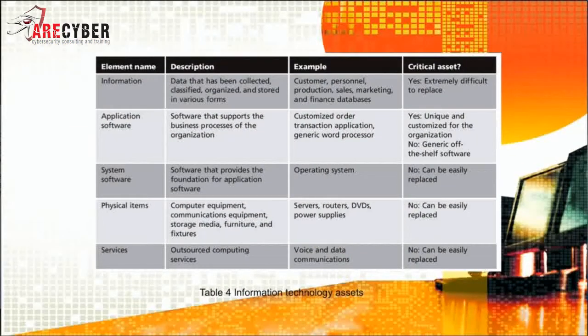We can do these in a multitude of ways. Whether it be via policy, some sort of software system, a physical set of means like door locks and cable locks, or services, outsourcing, for instance, services to another organization to handle what you can't within your own organization natively.